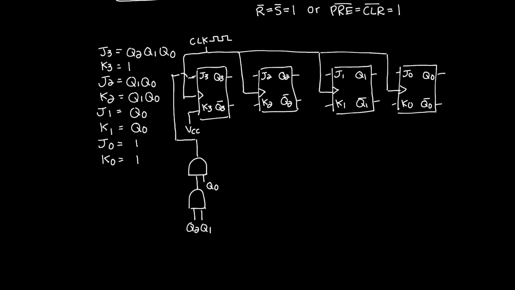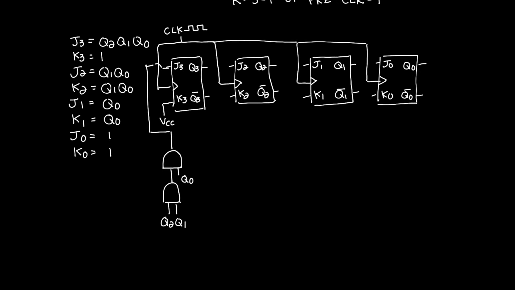Now, J2 is simply the same as K2, and they are both equivalent to Q1 and Q0. How about J1 and K1? Well, these are both equal.